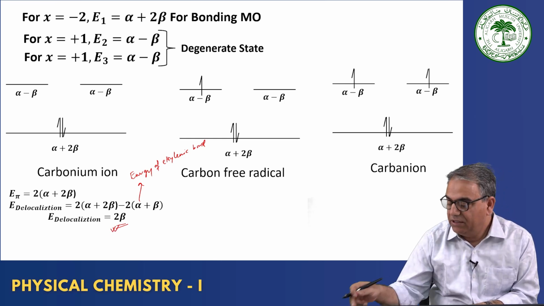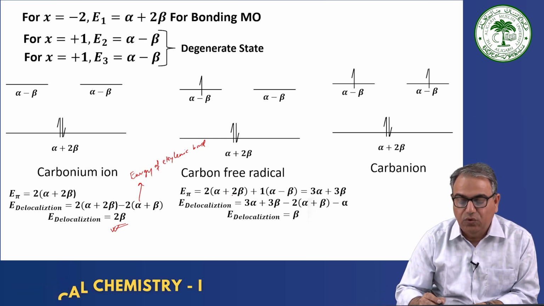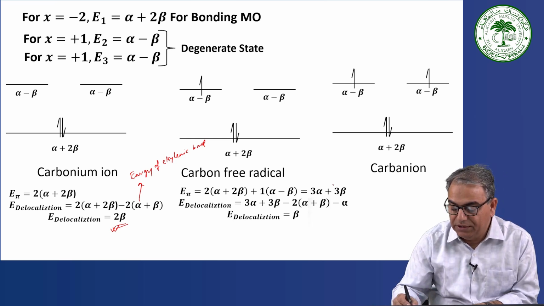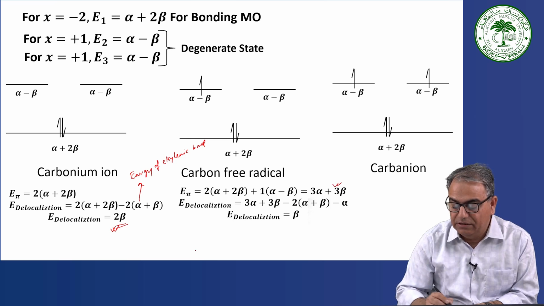Okay, in case of carbon free radical, what happens? You have 2 alpha plus 2 beta and 1 alpha minus beta, because 1 electron is alpha minus beta also. So together you have 3 alpha plus 3 beta, and then you subtract the energy of 2 electrons in the ethylenic bond and 1 free electron.